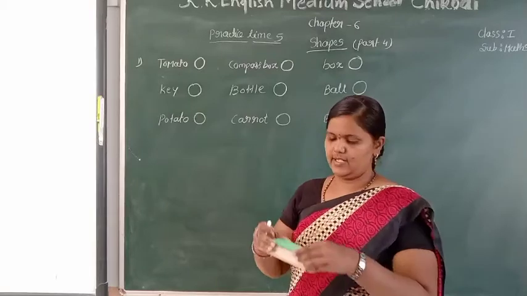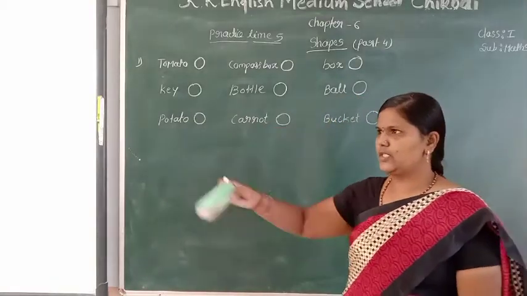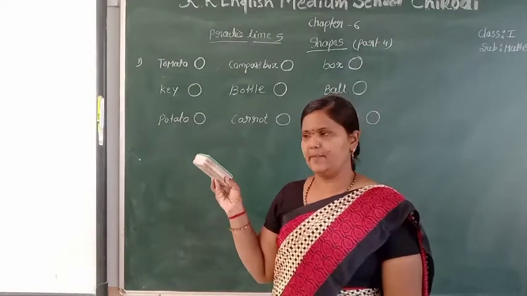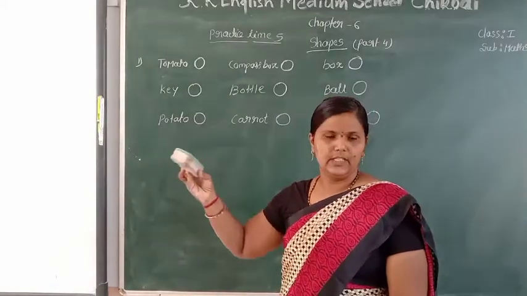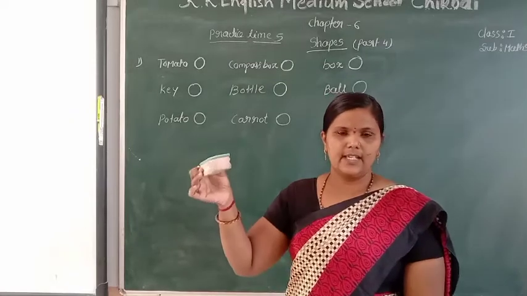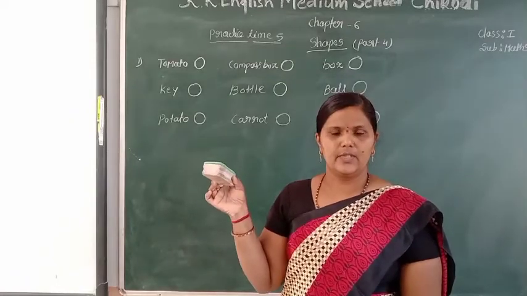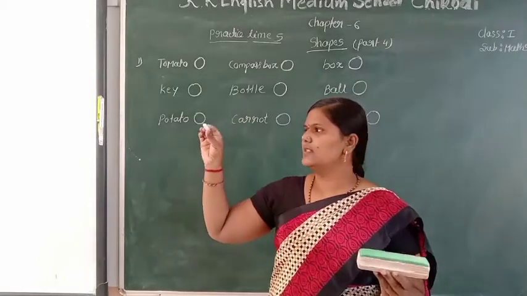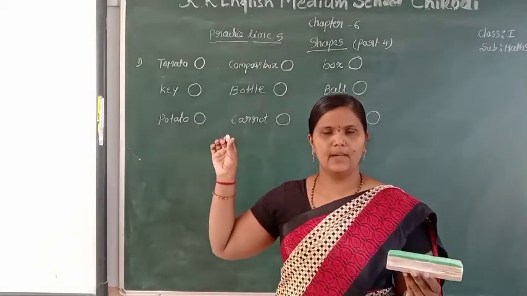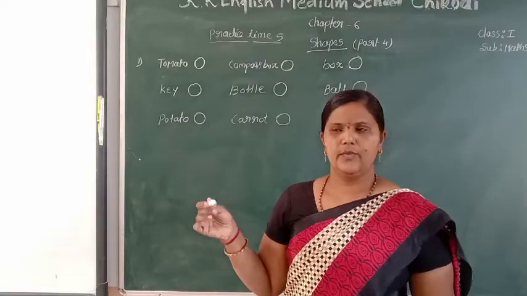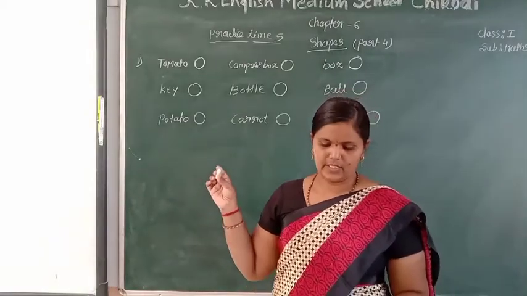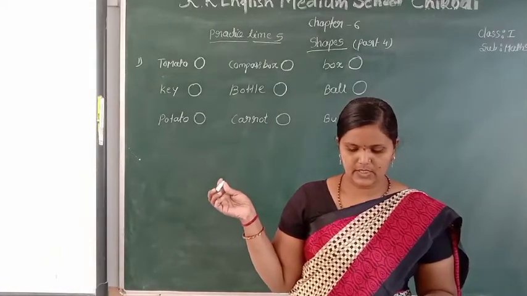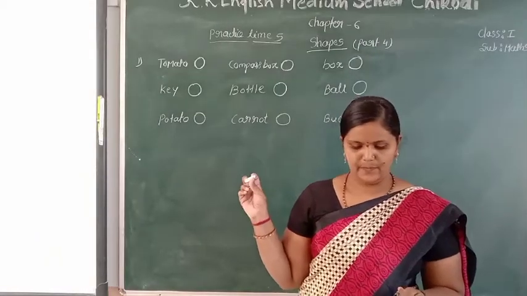If you push a duster, that object slides when you push it. Like this duster, that object you call sliding. And for rolling, for example, a wall you take, if you push it, that object will roll.